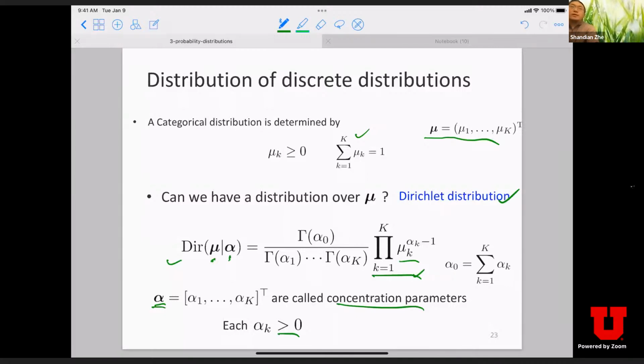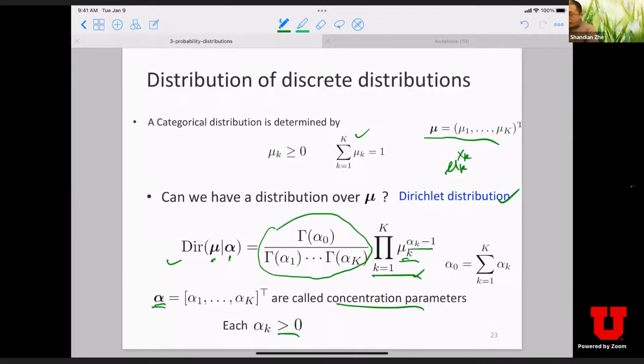So it's kind of similar to the categorical distribution, where the term is mu k to the power of xk, and xk is the kth element in the observed categorical variable. But here, the power is alpha k minus 1. And then this is the normalization factor.